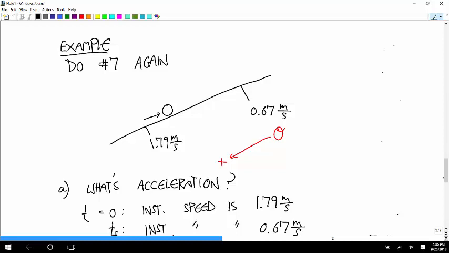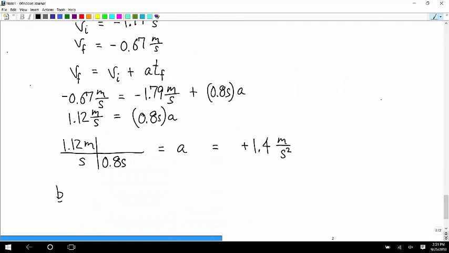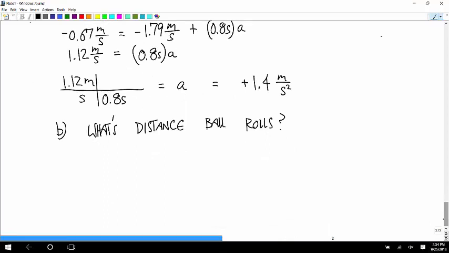So now we want to figure out how far it is between these two points. So see if you can work through that with the new setup. What's the distance the ball rolls in those 0.8 seconds? Okay, so we still have the same values for these.